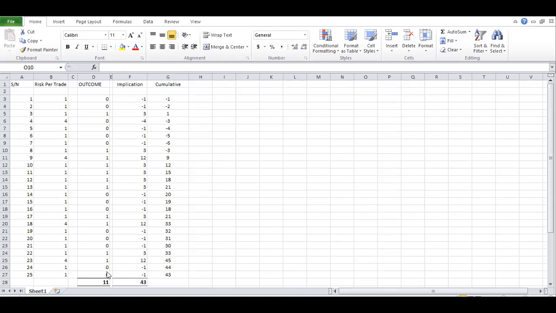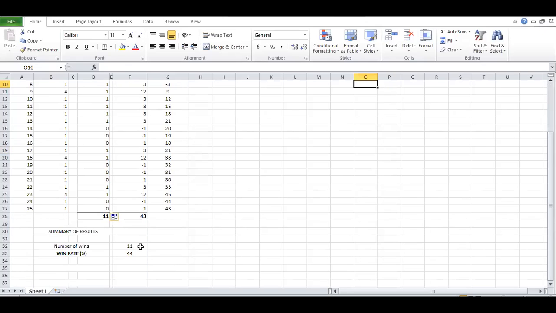For these 25 trade samples, we basically had 11 winning trades out of 25. And that means our win rate is just 44%, lower than the average.